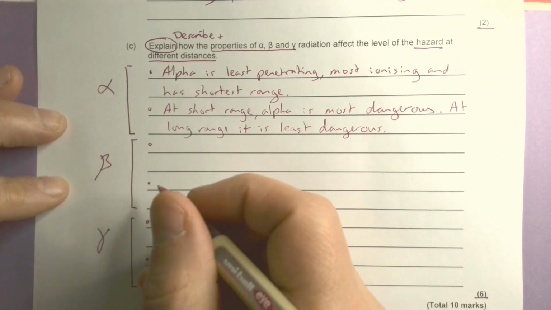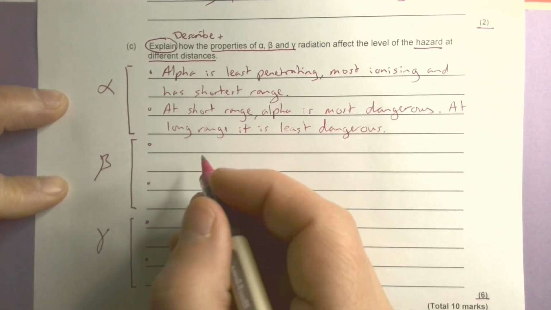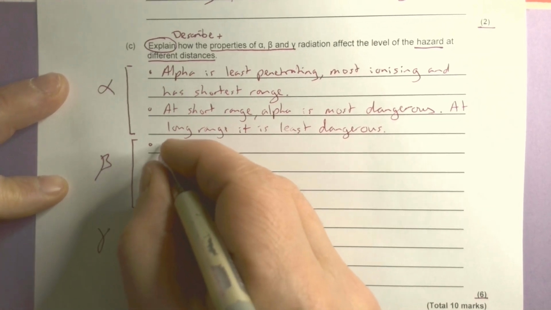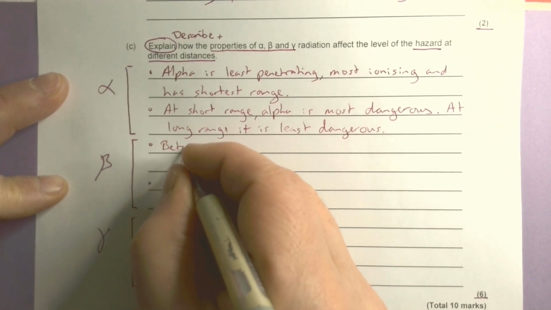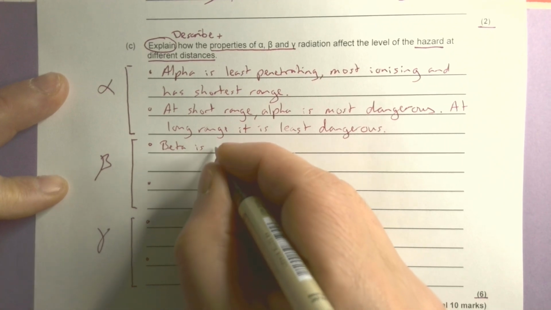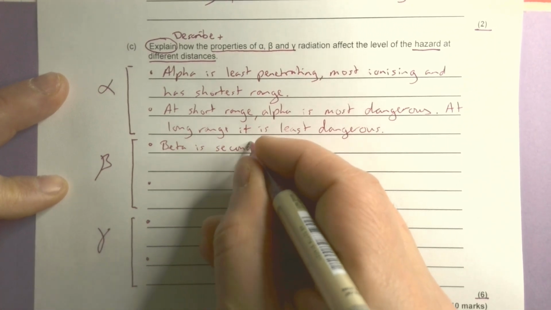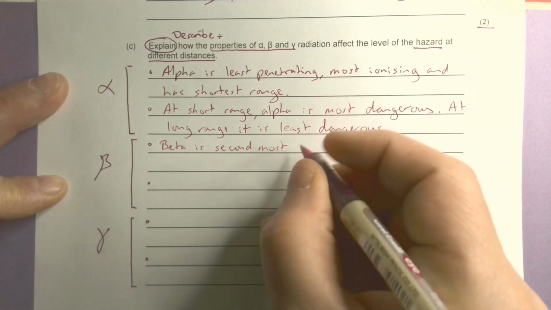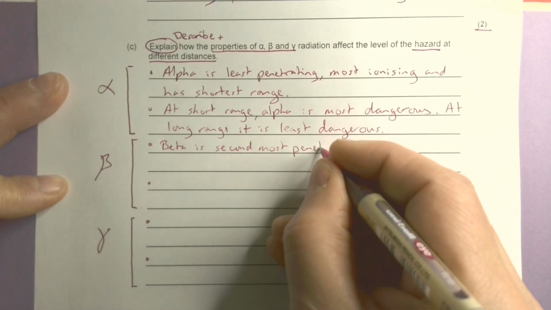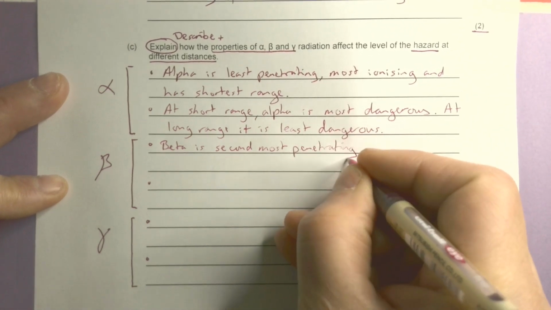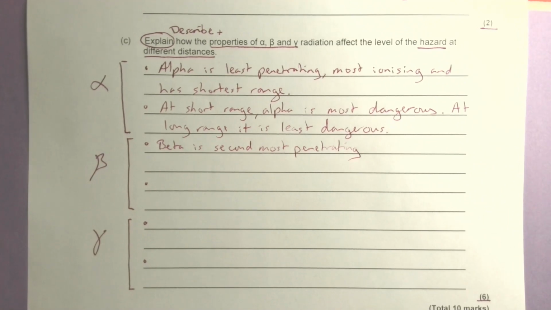Okay, beta, what are we going to say about beta? Well, beta is the one in the middle, isn't it, always? So beta is the second most penetrating.